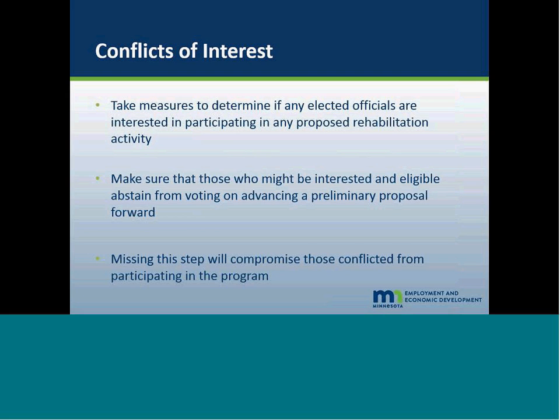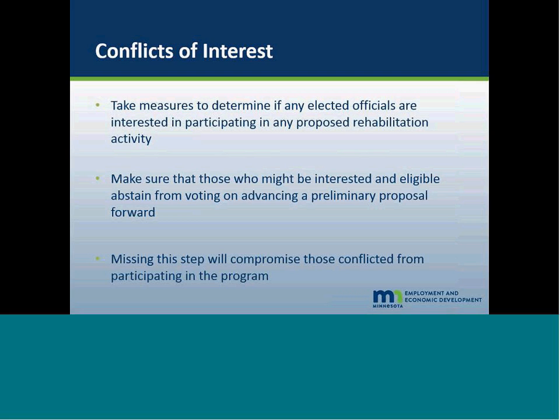Conflicts of interest. So we understand that in some of the communities, they are smaller, and the mayor might also be a business owner in town, right? Like that overlap happens, we understand. The goal is to address if there will be any conflicts ahead of time, before getting the funding, before getting the dollars, addressing and bringing to light that there may be a potential conflict.